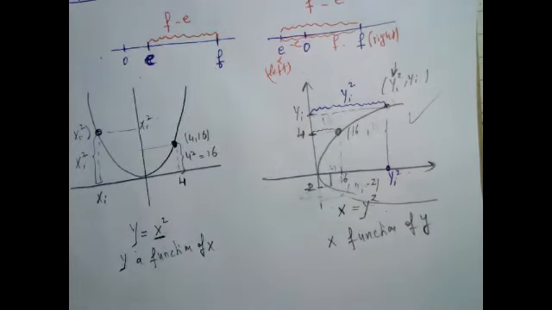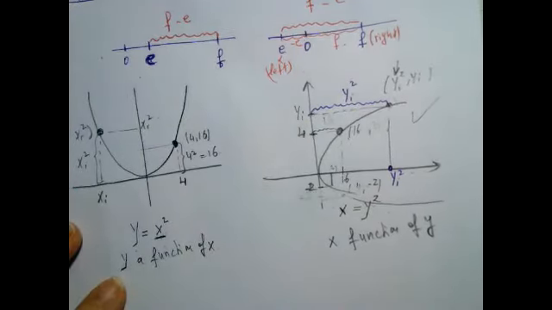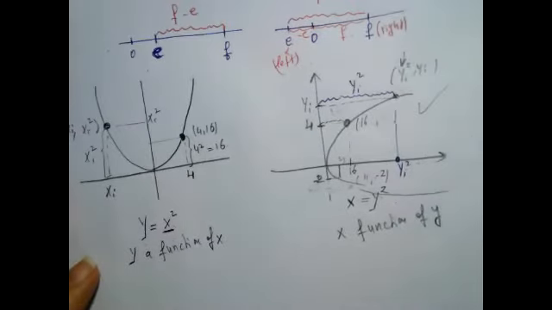So now, suppose I have the following region. The region is bounded by 2 curves, but those 2 curves, instead of giving you y as a function of x, give x as a function of y. So let me write this down.